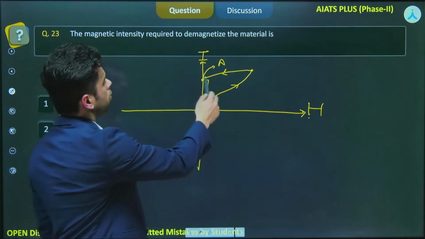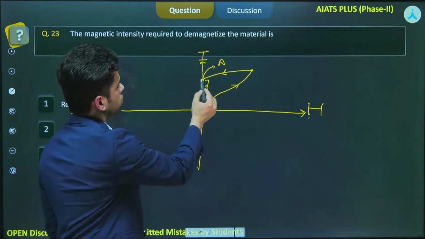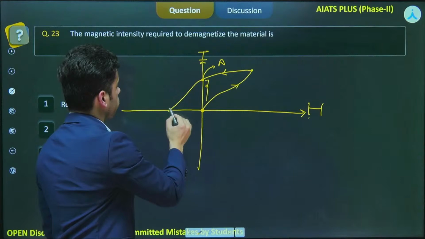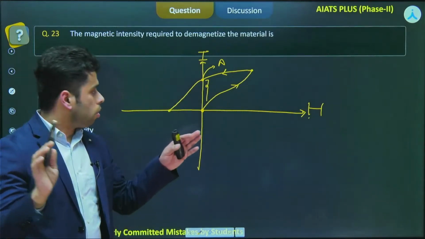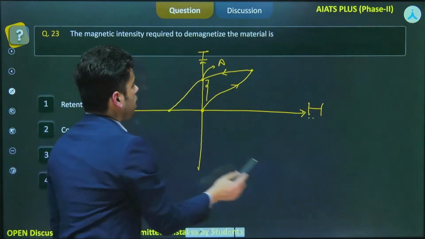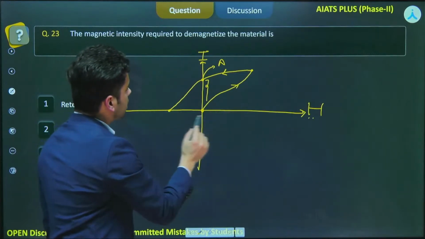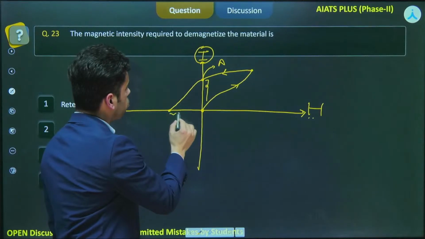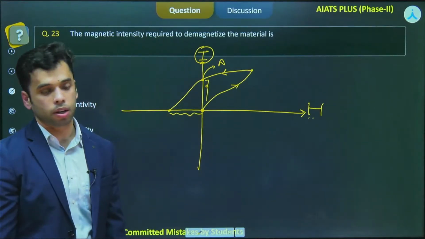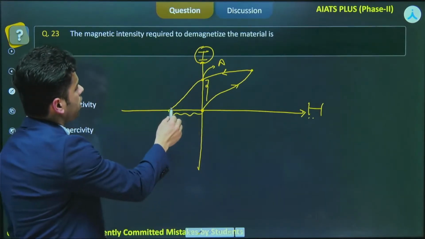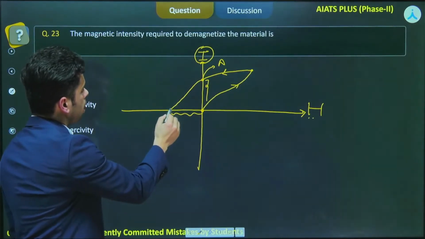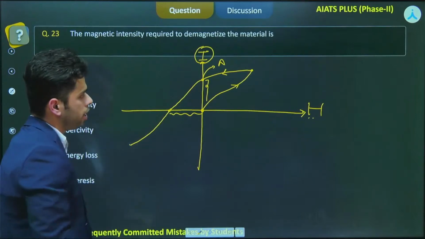Now, if you apply the field in the negative direction, the I will further reduce to 0. So the magnetic intensity required to make I, or intensity of magnetization, 0 is known as coercivity. And if you increase the field in the negative direction, again the domains will be aligned till the saturation point.